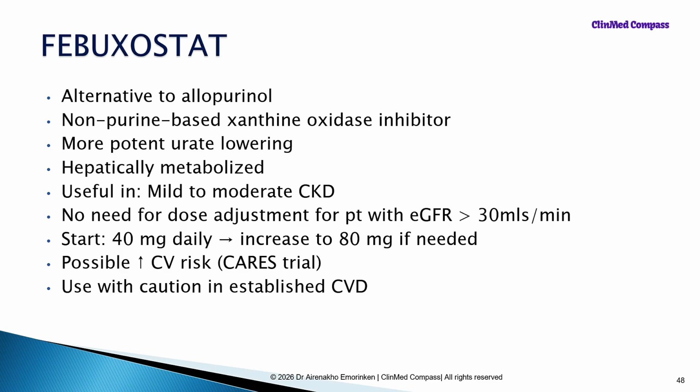Start at 40 mg daily and may increase to 80 mg if needed. Febuxostat has been suggested to have an increased cardiovascular risk, so use with caution in patients with cardiovascular disease.